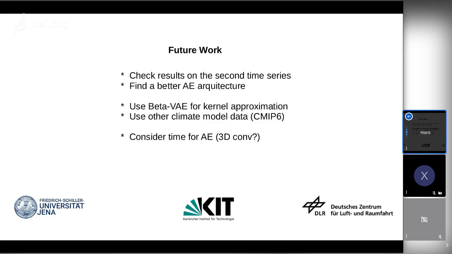Our actual goal was to use a beta variational autoencoder, since it does the autoencoder and the ICA part together in one go. We also thought about using other climate model data, not just the temperature data, just to train a stronger autoencoder.